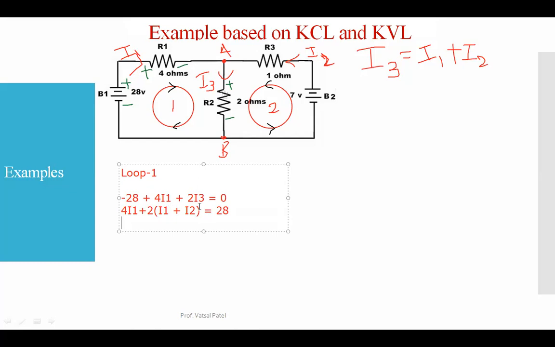If we multiply this 2 into the bracket, 2I1 plus 2I2. So the total will be 6I1 plus 2I2 is equal to 28. So this is our equation number 1. Are you getting up to here? If you have any question, please tell me. Yes or no?